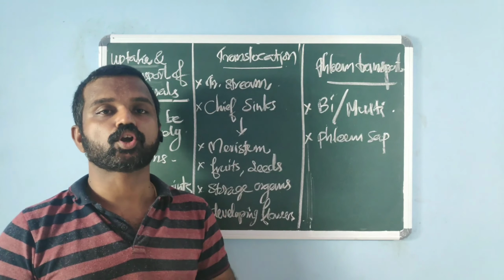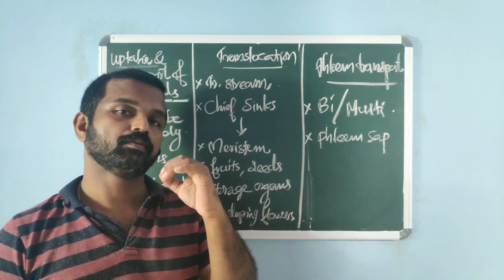Uptake and utilization of mineral ions. All minerals cannot be passively absorbed. That means active transport is also required because of two reasons. One, minerals are present in soil as charged particles, that means ionic form. So the movement of these ions requires energy, that is active transport.